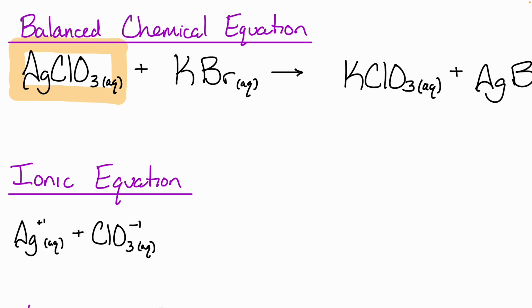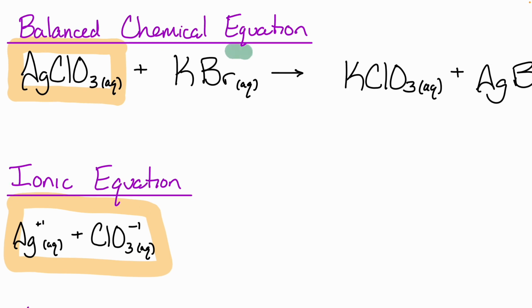So in my balanced chemical equation, AgClO3 (AQ) becomes the silver ion plus the chlorate ion. Now y'all are going to do the same thing for the potassium bromide here. We're going to line them all up in our new ionic equation.